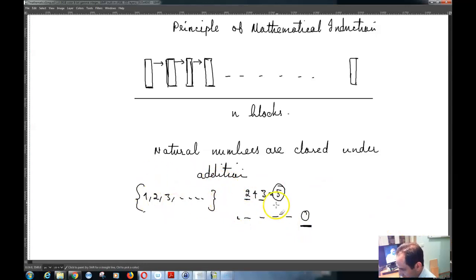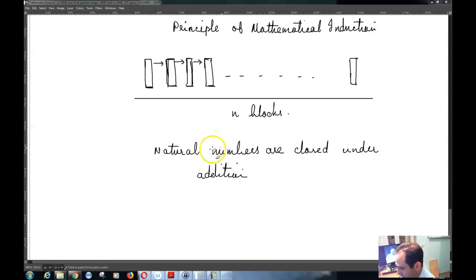So in such cases, when you can never get to the last of those, for example natural numbers, what you do is show that this result is true for the first case, which they call P of 1.